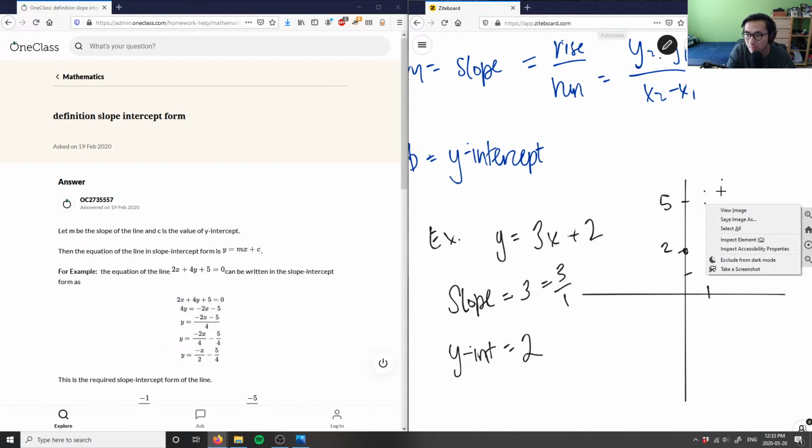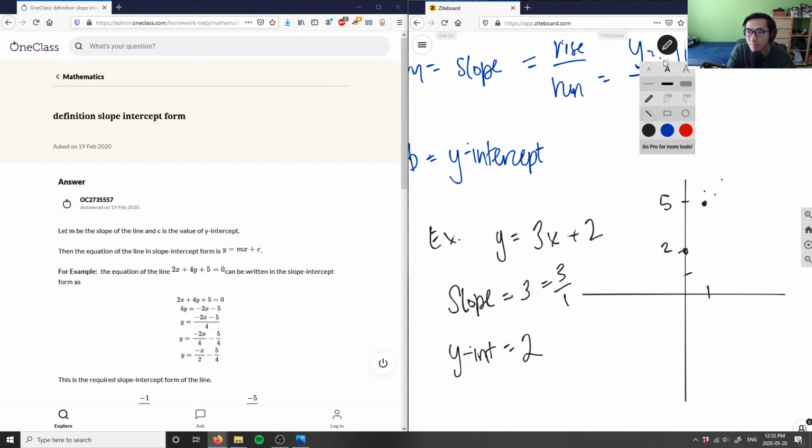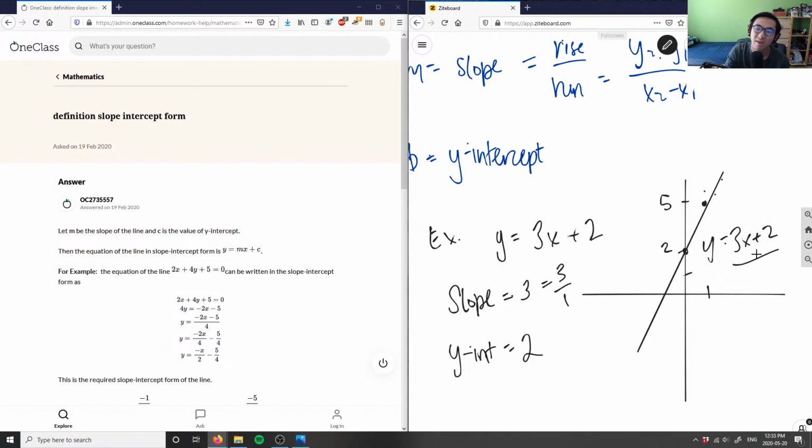Given these 2 points, we can create a line here, close enough. This is our y equals 3x plus 2.